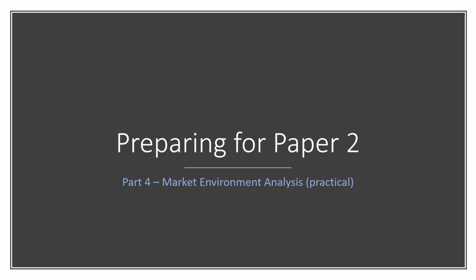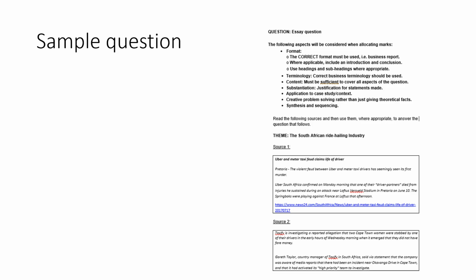Anyways, moving on to today's example, we've decided to go with the same factual matrix as the one from the previous lesson. We've just changed the question so it requires a market analysis instead of a macro environment analysis. Here is our sample question for today's lesson.